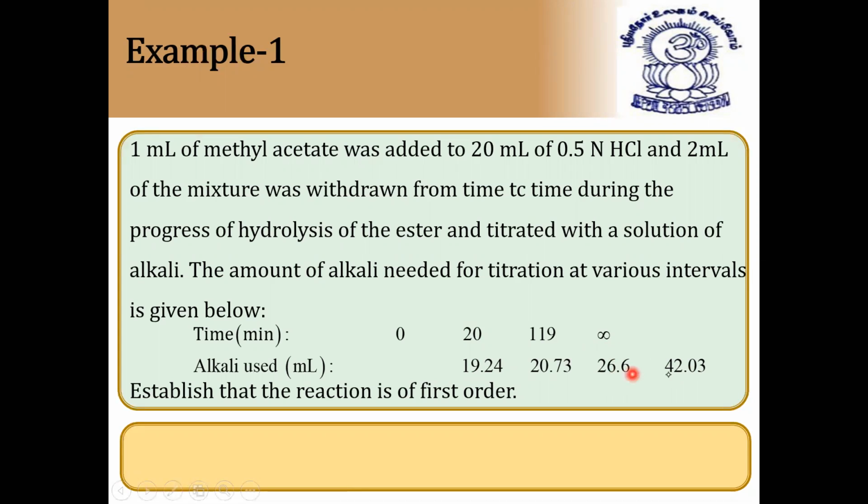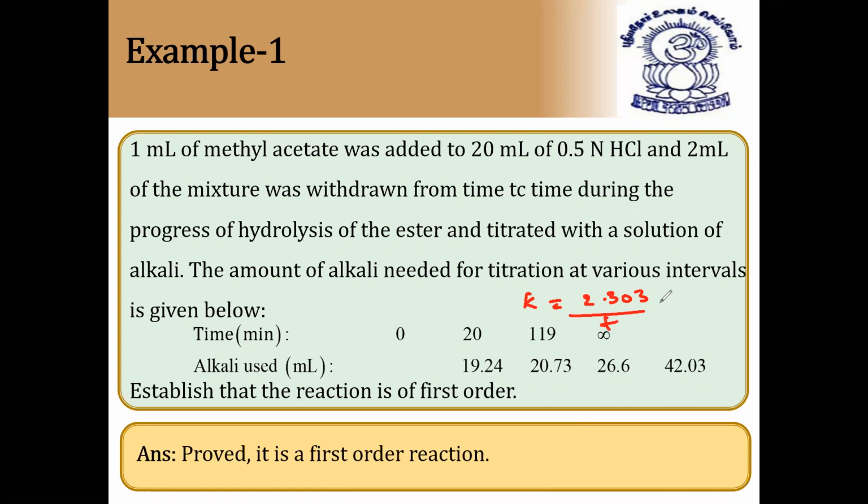So infinity 26.6, 42.3. It is a first order reaction, and it is proved by taking the time intervals. K is equal to 2.303 by t into log of V infinity minus V naught by V infinity minus Vt.